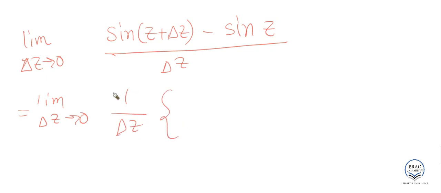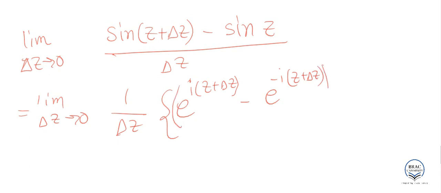And let's take this 1 by del z out and write the sines into the exponential form. So the first one is just e to the power i times z plus del z, minus e to the power minus i times z plus del z. This is the first part, and the second part is sine z, right?